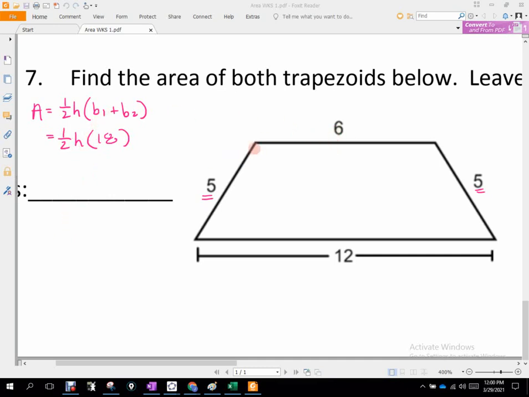How can I find that distance right there? Any ideas? It has to do with how we ended up creating this formula in the first place. Does anybody remember what shape that formula actually comes from?